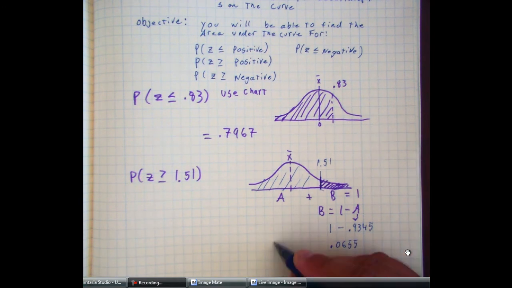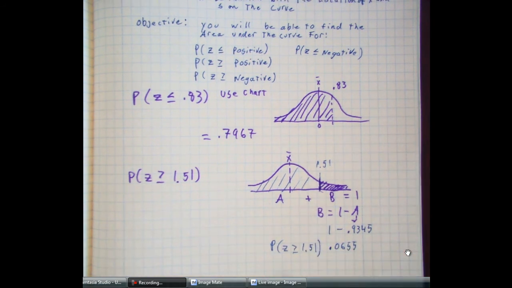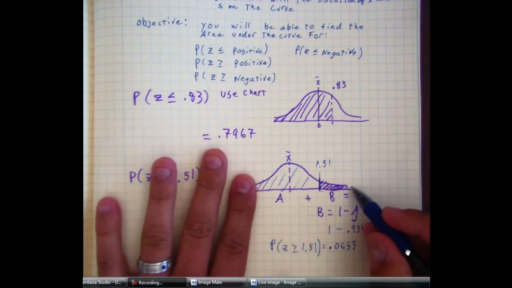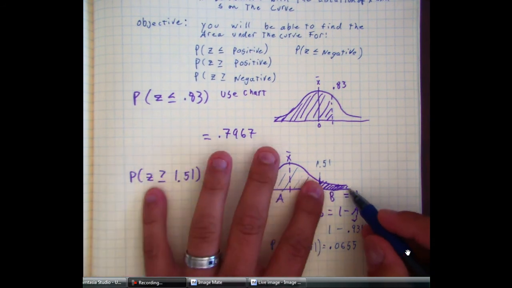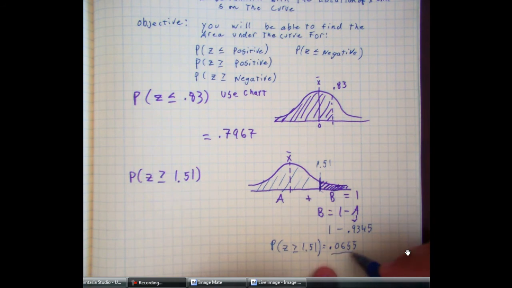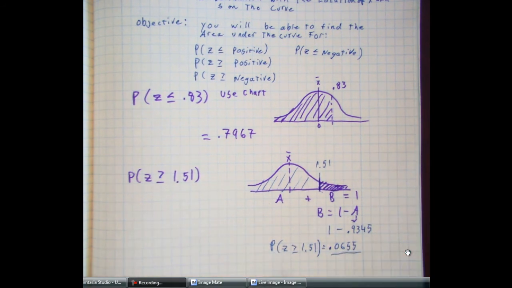So the probability for z greater than or equal to a positive number, and that positive number being 1.51, that area is 0.0655, and you can tell again the entire area under the curve is 1. This is a small tail that's been shaded. This is a small number when you're comparing it to 1.